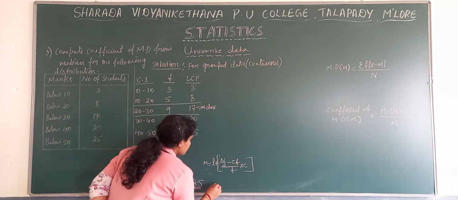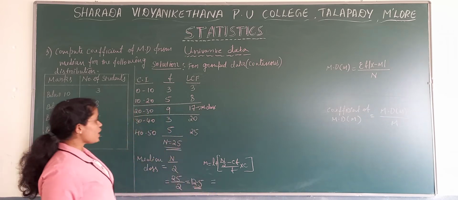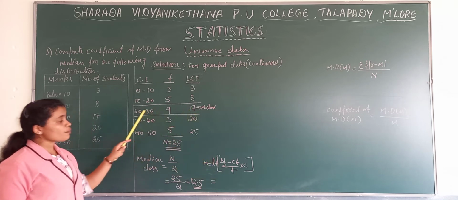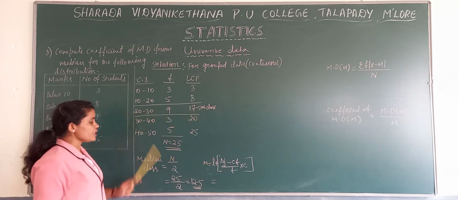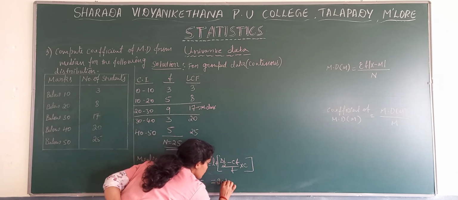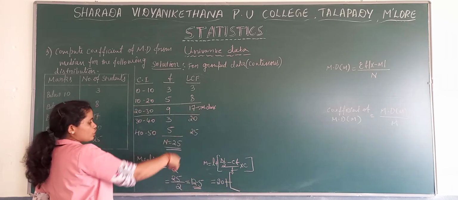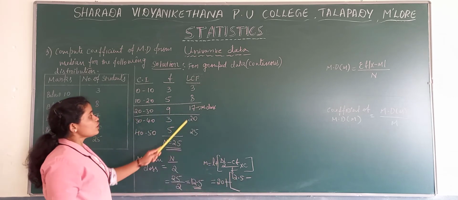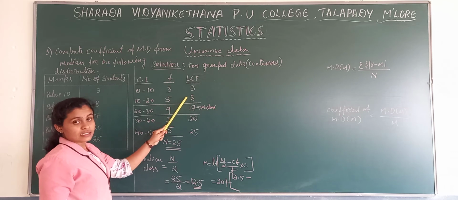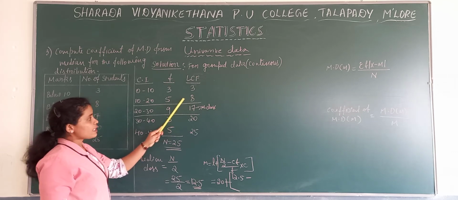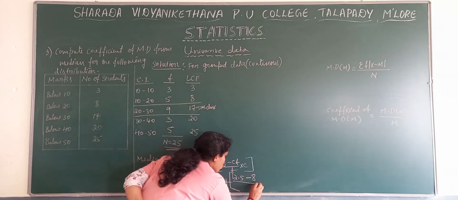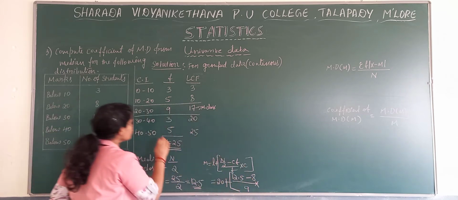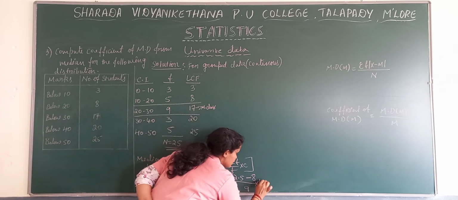Now, substitute the values into the median formula. L is the lower limit of the median class, 20, plus n by 2, which we got as 12.5, minus the CF preceding the median class, that is 8, divided by the frequency of that class, 9, into the gap between the classes, 10.